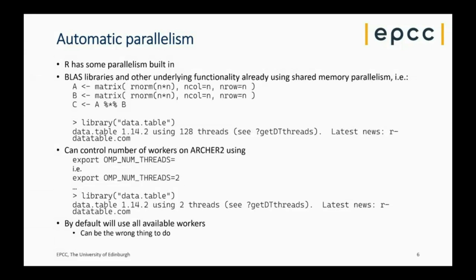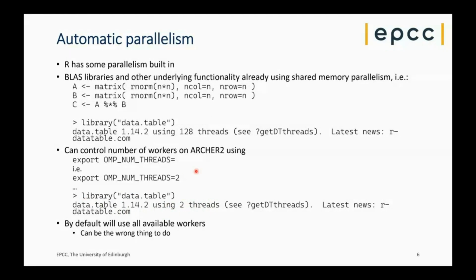You can control that though, so you can use this OpenMP OMP_NUM_THREADS functionality before you run your program to specify the maximum number of workers. So here, if I set OMP_NUM_THREADS in my batch script or at my command line before I run my application, then when we actually load the library, you'll see actually now it's only using 2 threads.